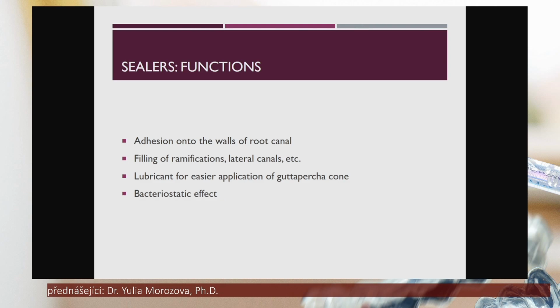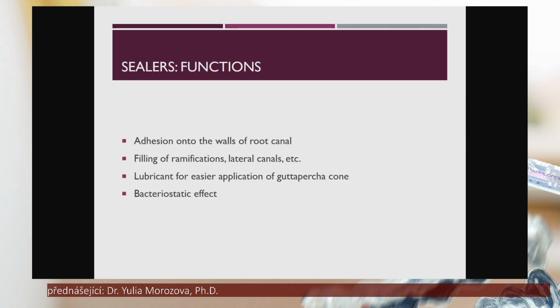And as I said, gutta percha has almost all of the requirements for the ideal root canal filling material, with the exception of adhesion onto the root canal walls. And so, due to this fact, it should be used in combination with suitable sealers.